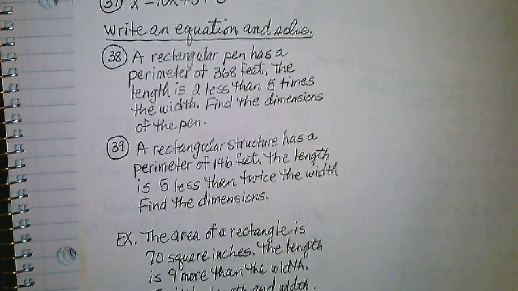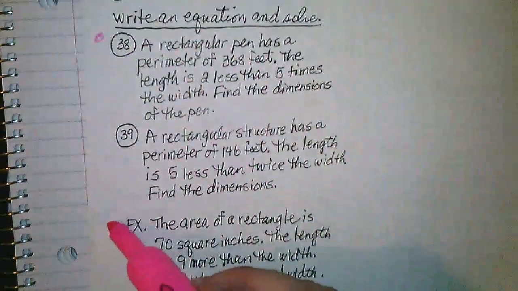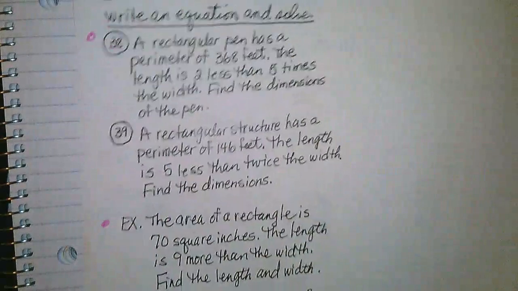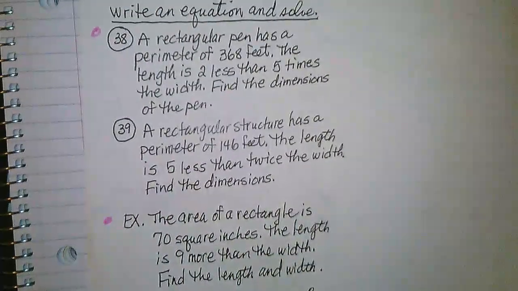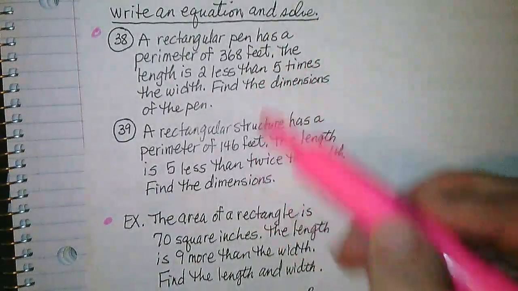All right. So finally, on this test review, we will look at problem 38 and this example below, number 39. On the test, you will see two word problems. And don't confuse these, they are worked out differently.